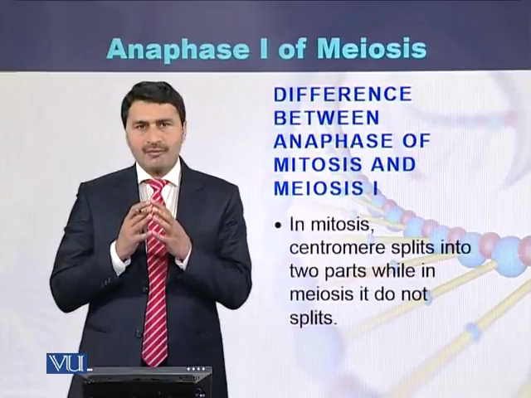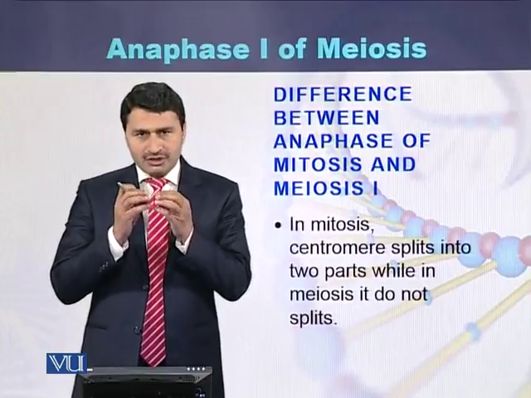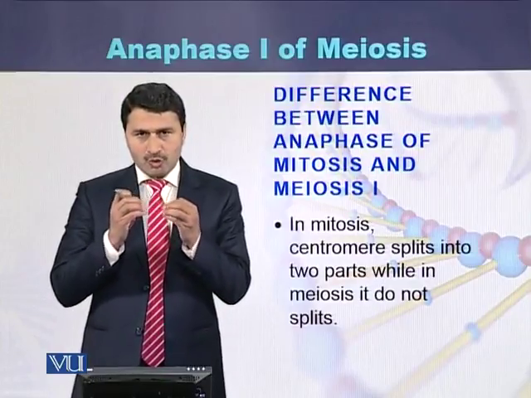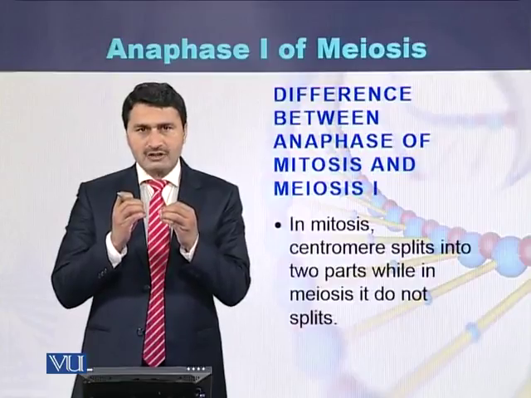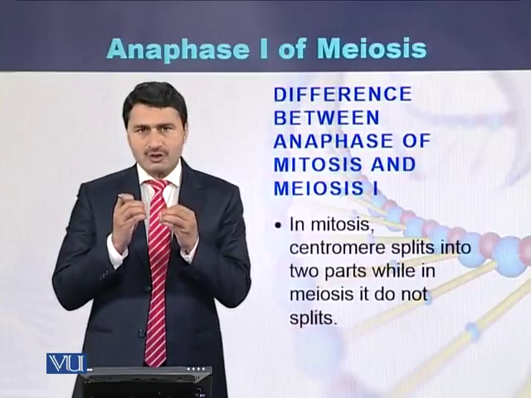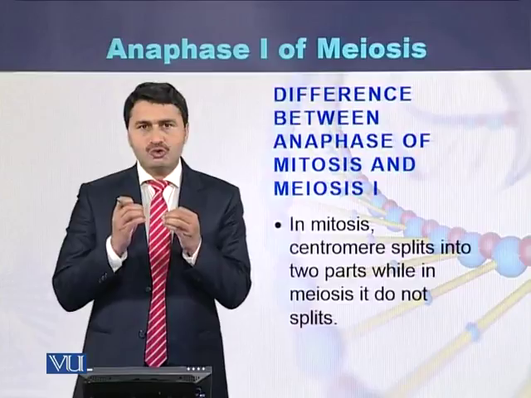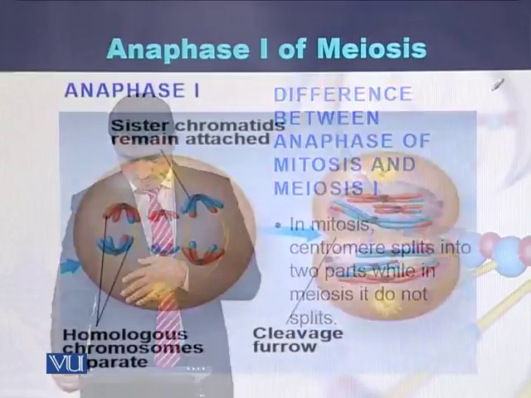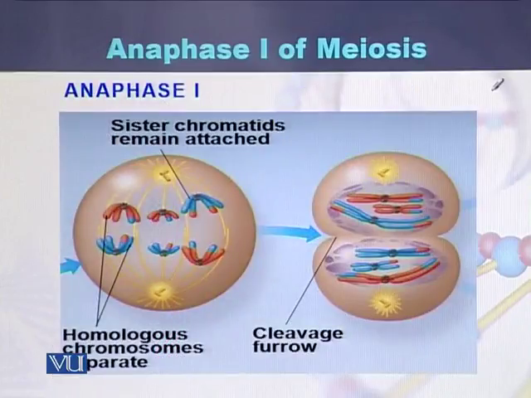In mitosis, the centromere splits into two parts, while in meiosis 1, the centromere does not split into two parts. If we look at this diagram, the chromosomes are moving towards the poles.